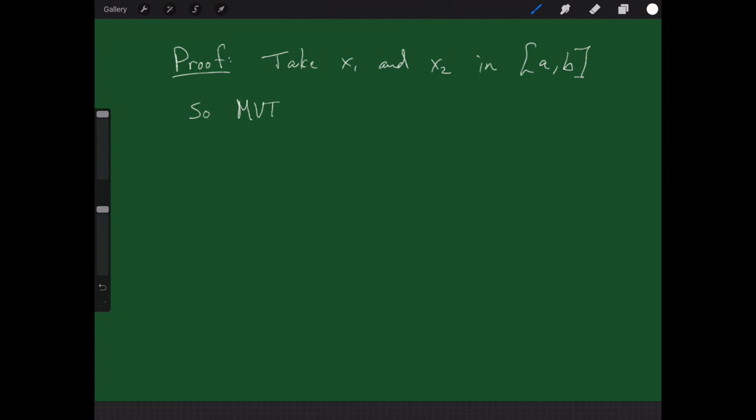The mean value theorem applies on the interval from x1 to x2. Okay, and what would the mean value theorem tell us?